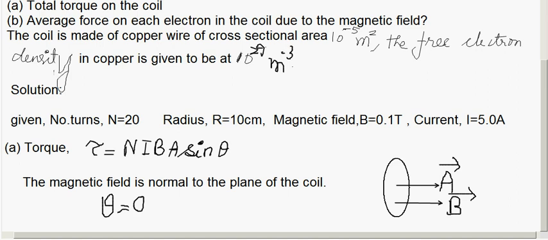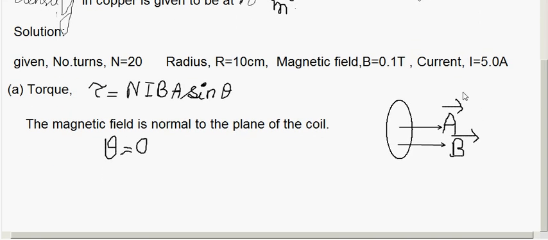Therefore it is the case of minimum torque. When theta is 0, that exactly means that sin theta is 0. Therefore torque on the coil is 0. No torque is acting.